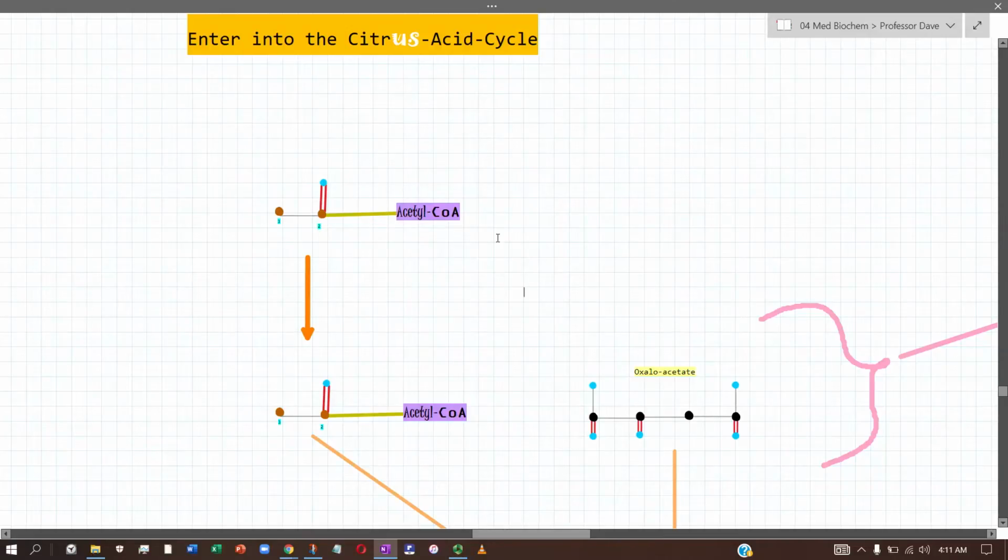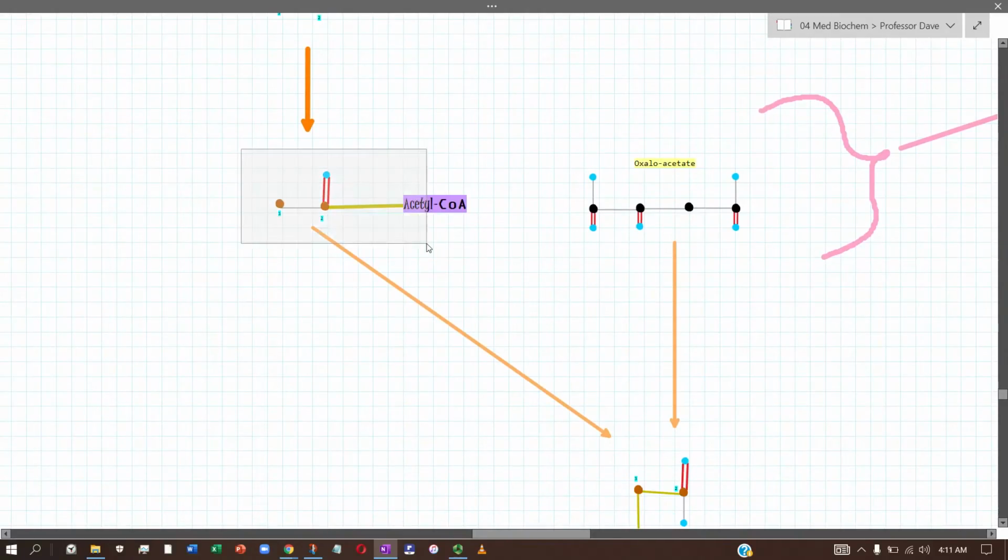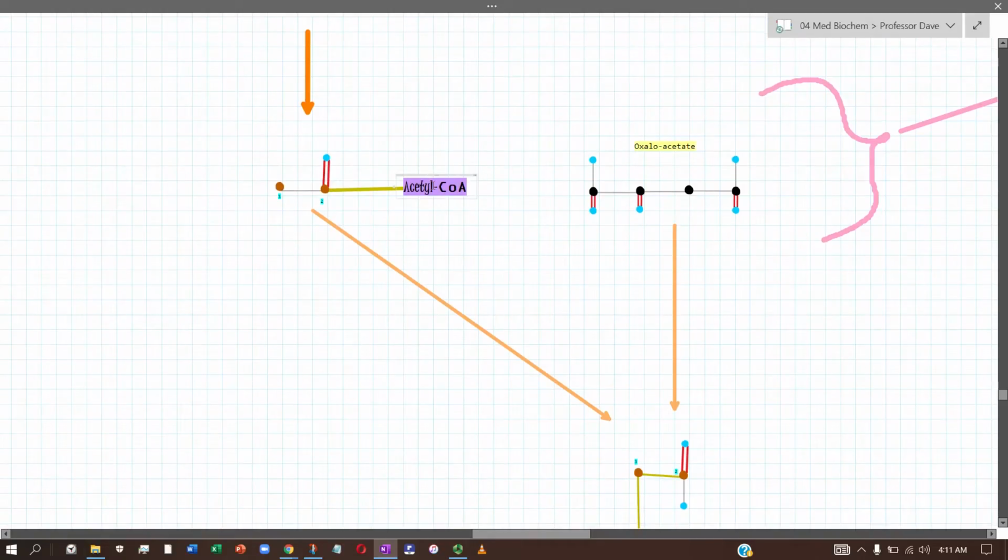So what happens next is that there's some chemistry, and the acetyl-CoA is no longer involved. There's a handoff of the pyruvate carbons, at least the ones that are left over, number 2 and number 3. Those carbons get put onto a molecule called oxaloacetate.